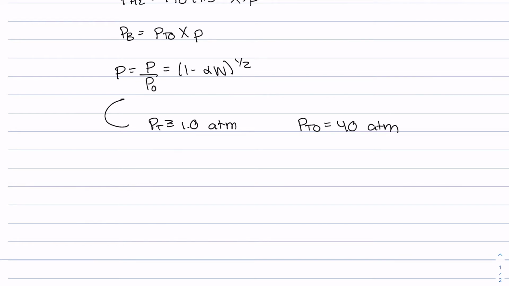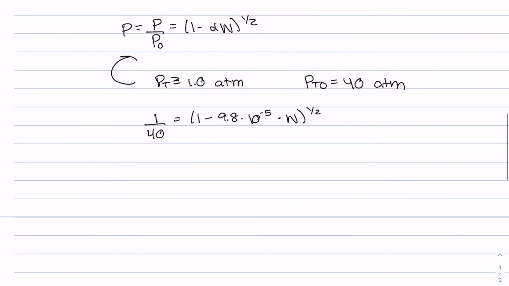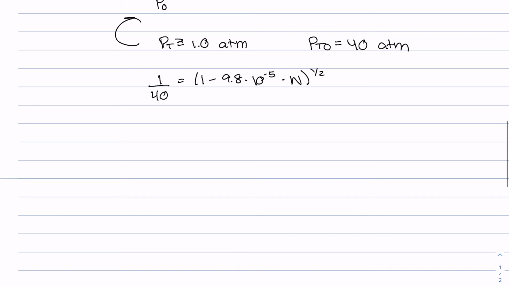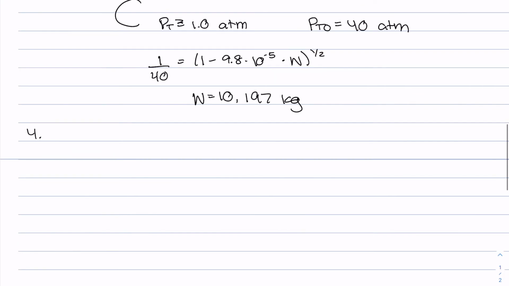Plugging that into the equation right there, 1 over 40 is going to be equal to (1 minus 9.8 times 10 to the negative 5 times weight) to the 1/2. This gives us a weight of 10,197 kilograms.